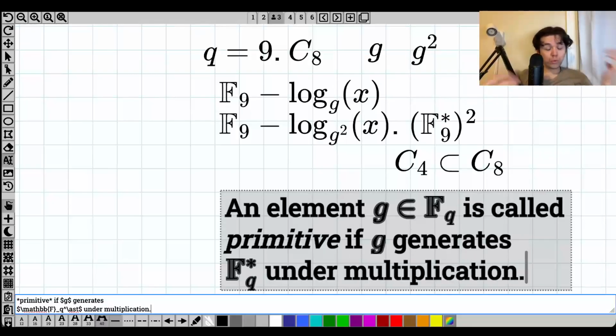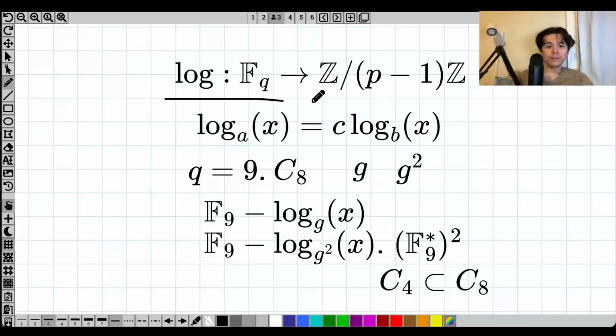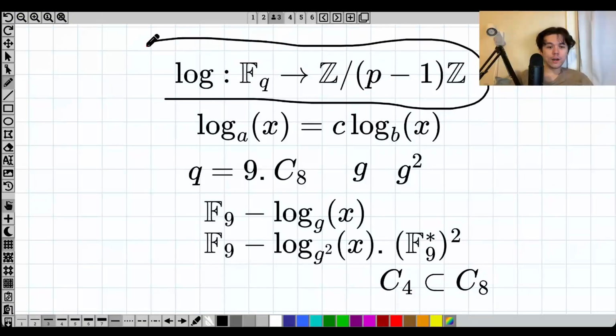And so if you take primitive logarithms, and if you ever see someone working with finite fields and they write log and they don't give a base, it means just take some primitive root.